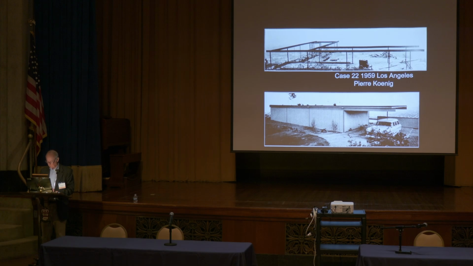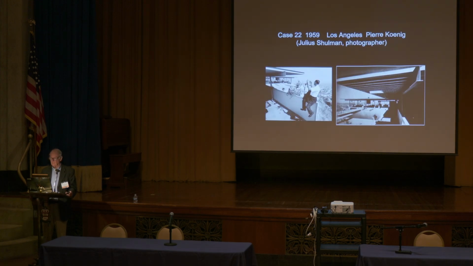And then this house gets extraordinary attention because one of the most famous photographs was taken there, and that's a self-portrait of Julius Schulman, the photographer, up there with the camera obviously set back.